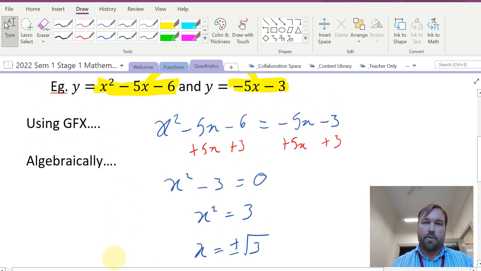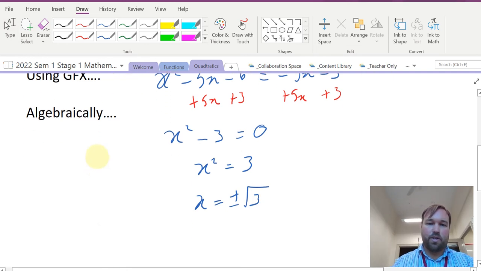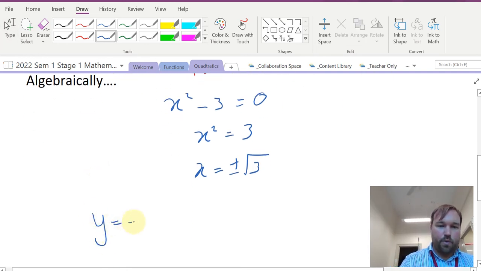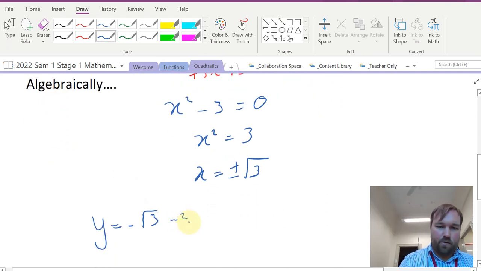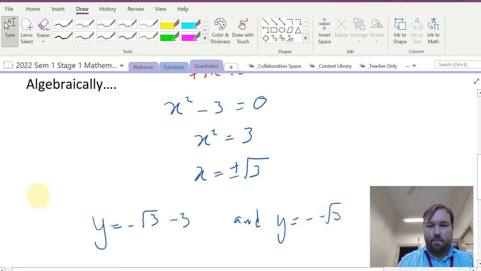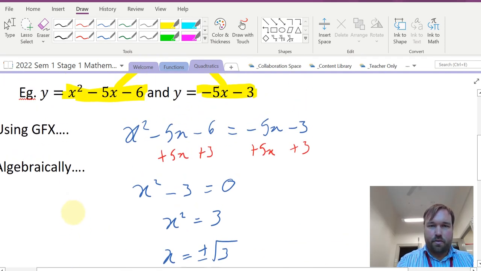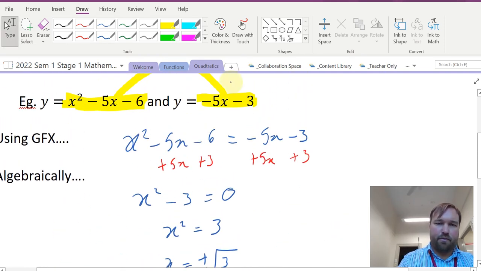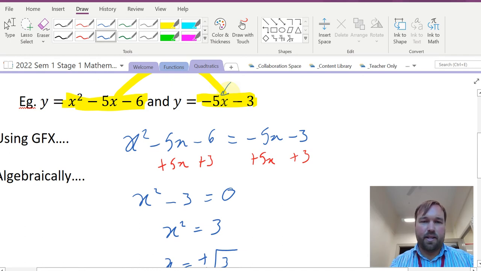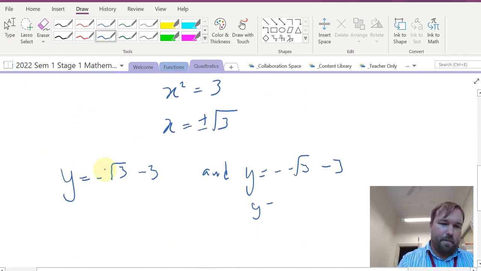So what I would do is I would take each x and sub it into the equation. y equals minus root 3 minus 3. And y equals minus negative root 3 minus 3, which is y equals... Oh, I'm forgetting the 5. You guys would be yelling at me if I did that in class. There needs to be a 5 there.